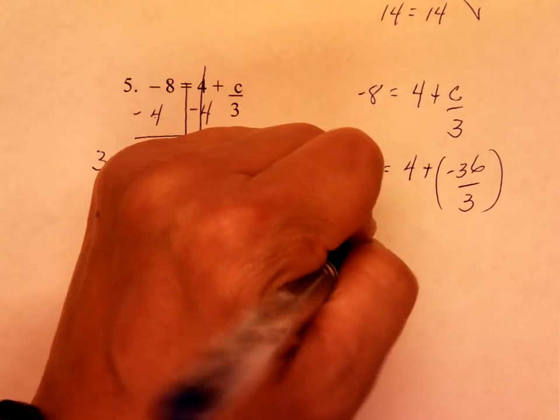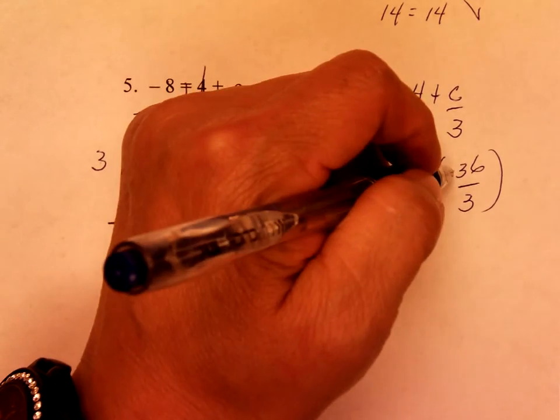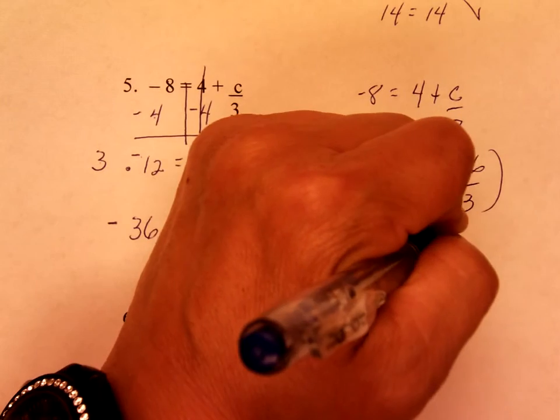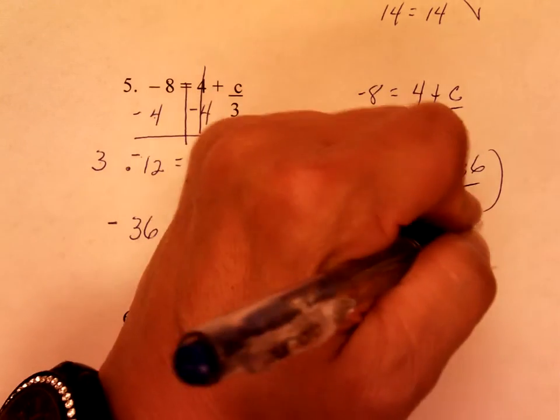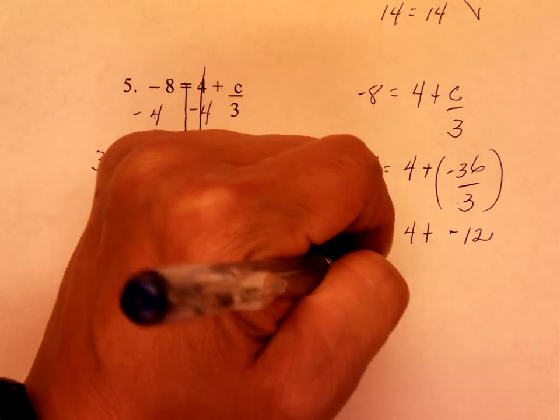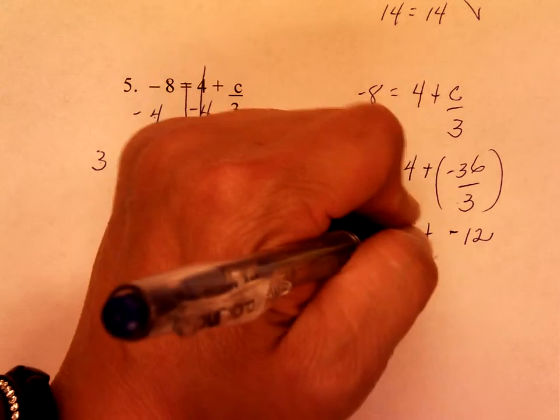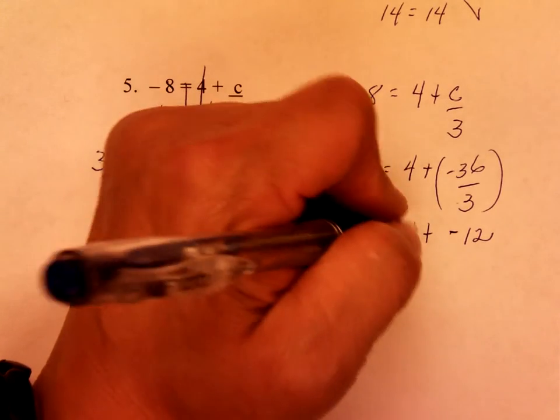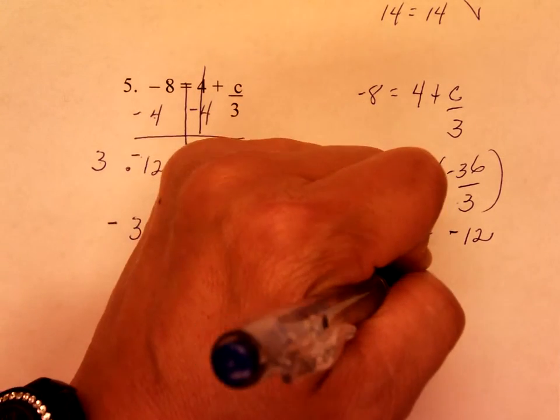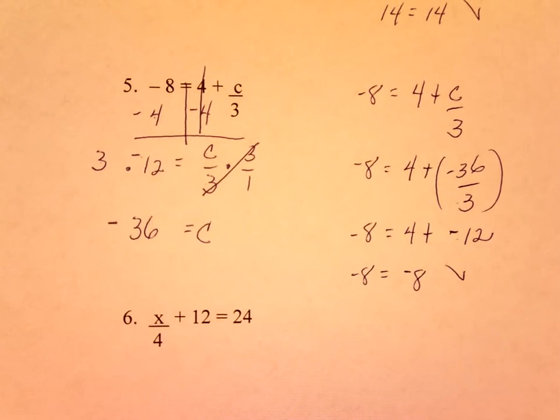So negative 36 divided by 3, you lose, and the answer is negative 12. And 4 plus negative 12, you have a positive and negative number, you subtract, so 12 minus 4 is 8, and you take the sign of the bigger number, which is negative, and that checks out.